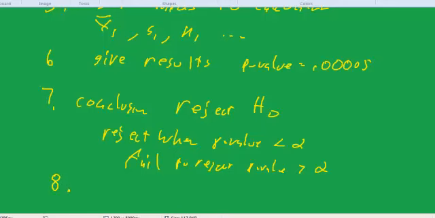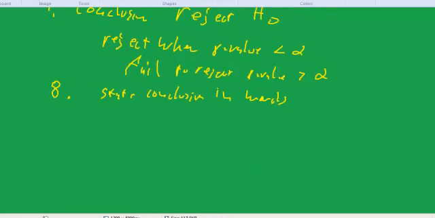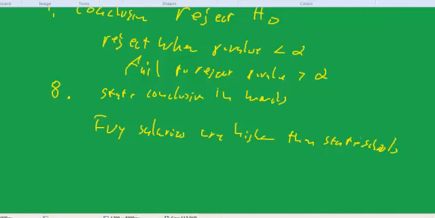And finally, state the conclusion in words. The conclusion in this case is that the Ivy salaries are higher than state schools. And again, we don't know if that difference is quantitatively important.